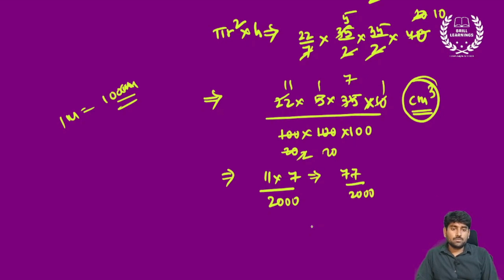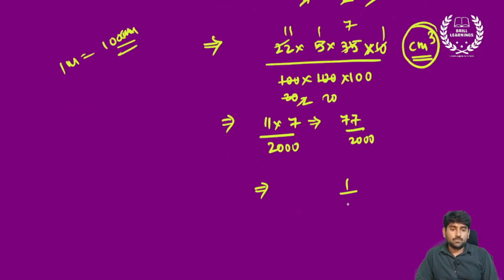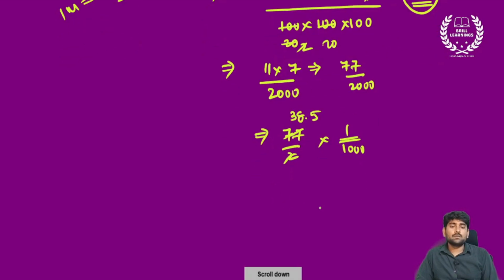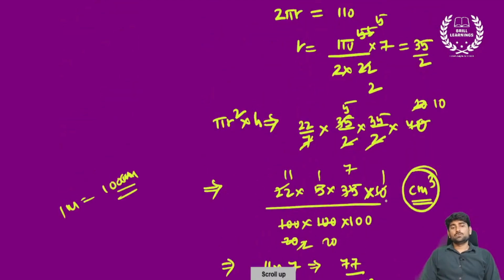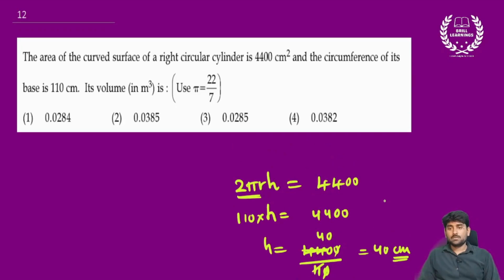Bring this 1000 aside, and 77 by 2. 2 1s are 2, 3s are 6, 2 8s are 6, 5s are. So it is 38.5 by 1000, which is equal to 0.0385 meter cube. So second one is the right answer here. Let's move to the next question.